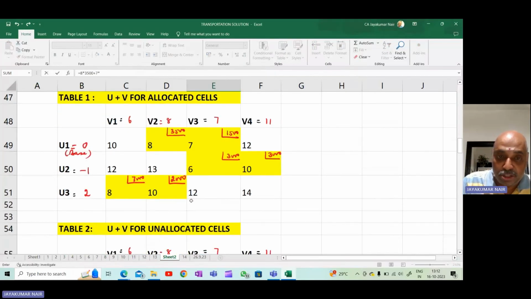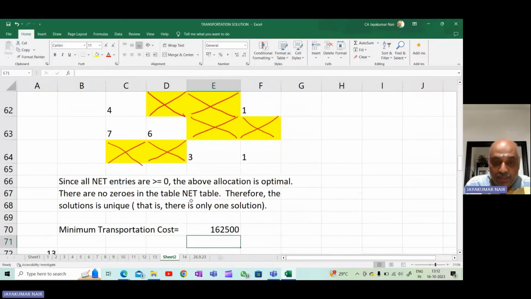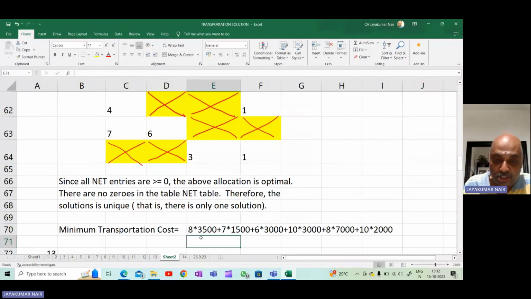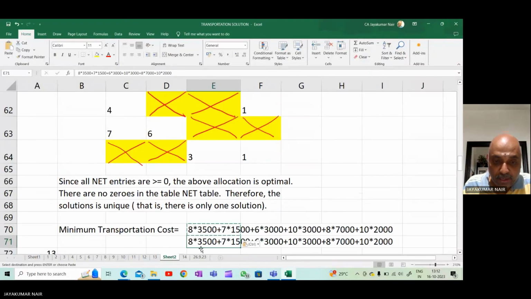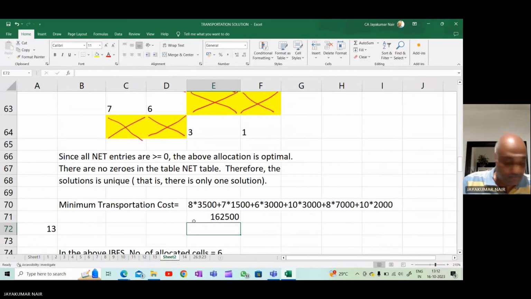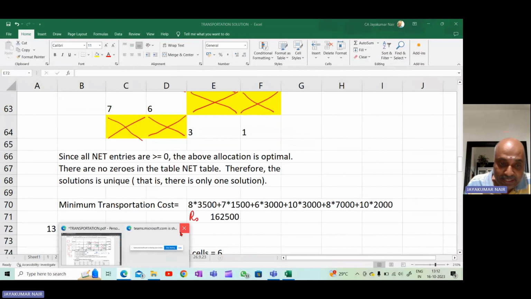Then 7 into 1,500, and then 6 into 3,000 plus 10 into 3,000 plus 8 into 7,000 plus 10 into 2,000. So this will give you the minimum transportation cost. So this is your answer.